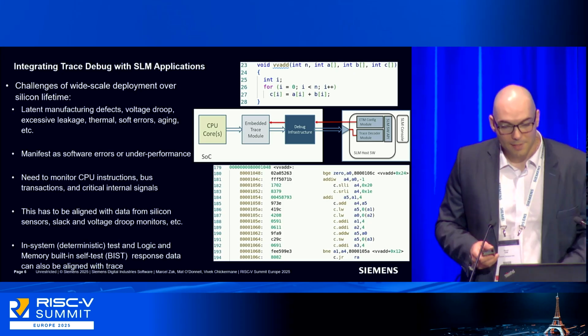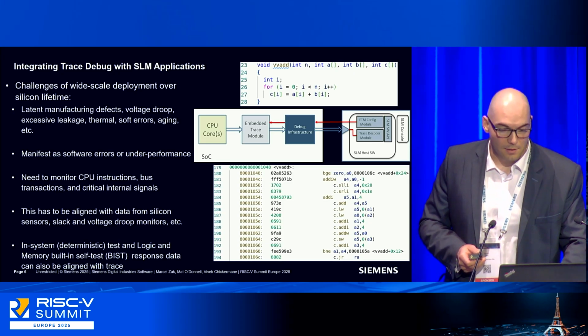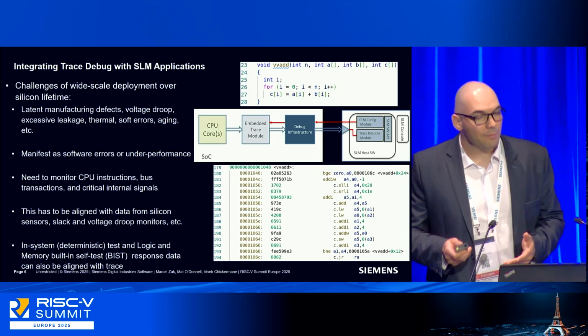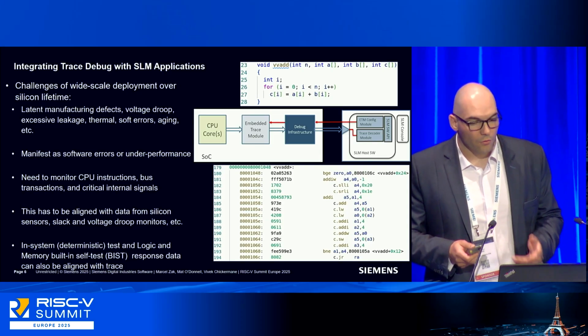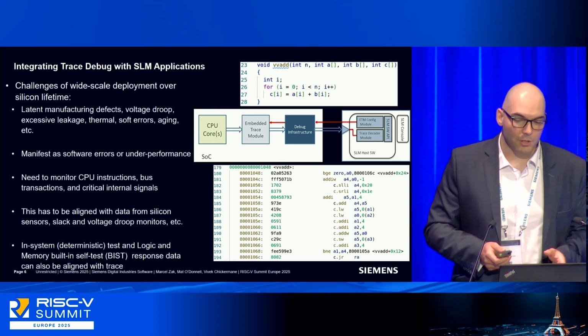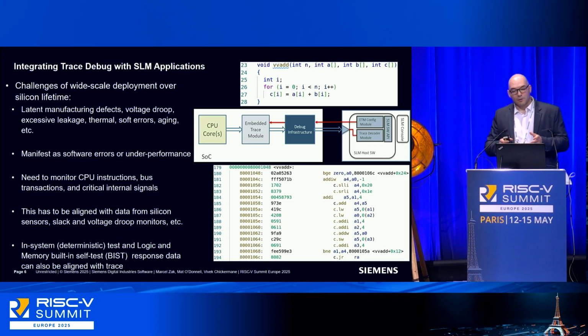What makes trace especially valuable is its ability to capture infrequent and irregular errors caused by these subtle silicon defects. By monitoring CPU instructions, bus transactions, and critical signals in real time, we can collect timestamp data that reveals the full story of the system's behavior.